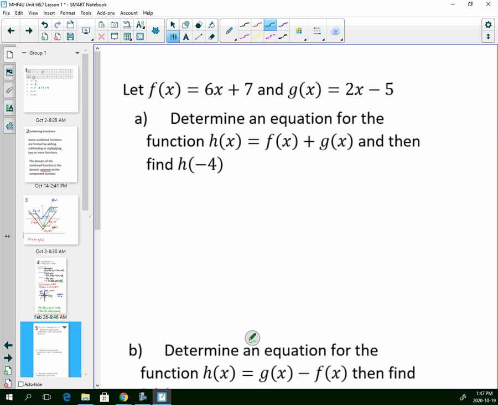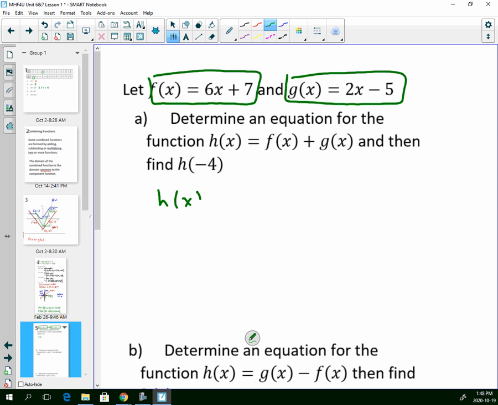So the third way we can represent functions is when we are given equations. This question gives you f of x is 6x plus 7 and g of x is 2x minus 5. They're naming the addition as h of x. So h of x is f of x plus g of x.